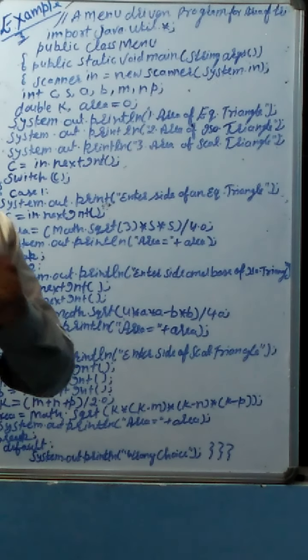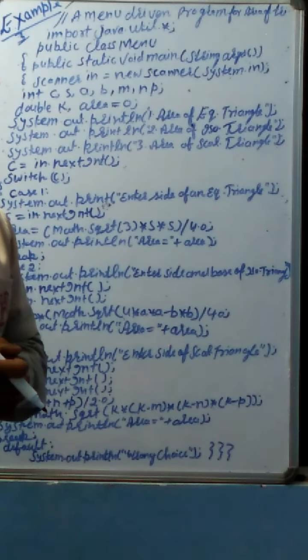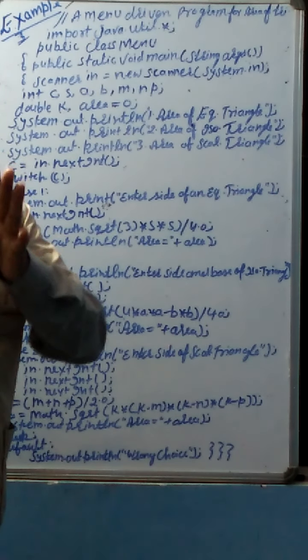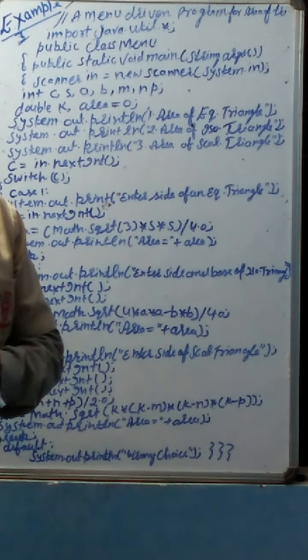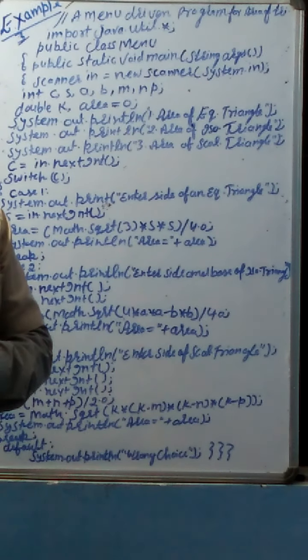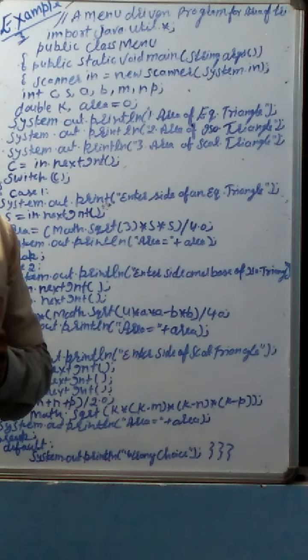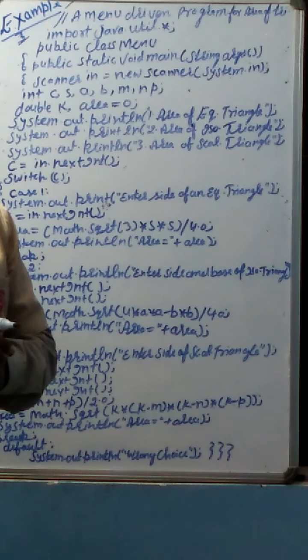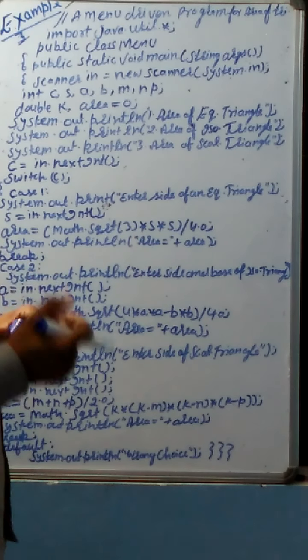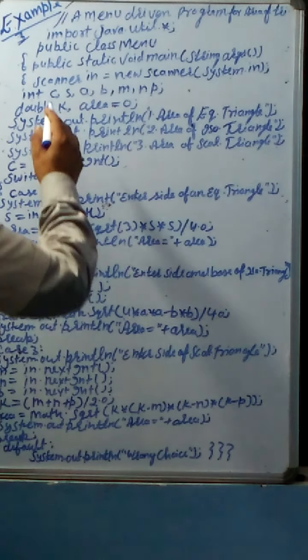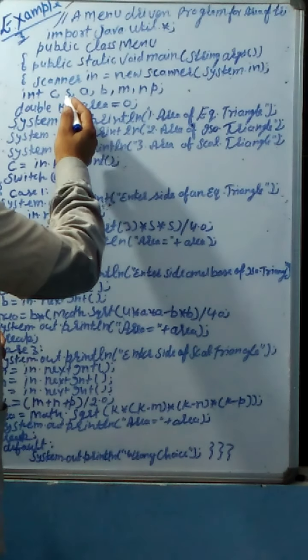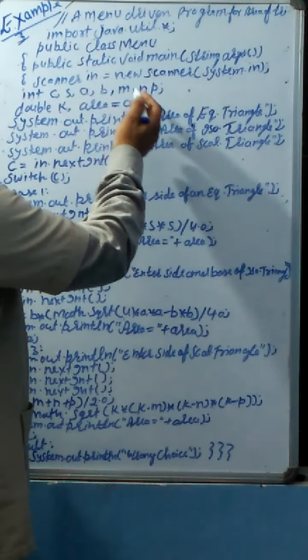Now we have to define the variables. Which variables are we using for the formula? In the equilateral, isosceles and scalene triangles, here are the variables we are using: c, s, a, b, m, n, p.